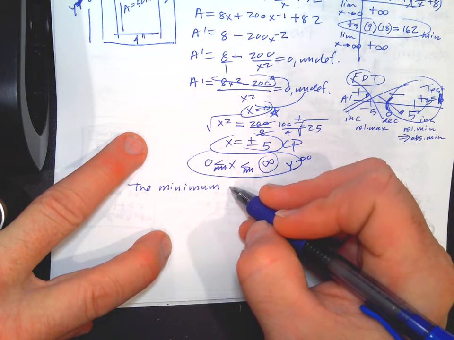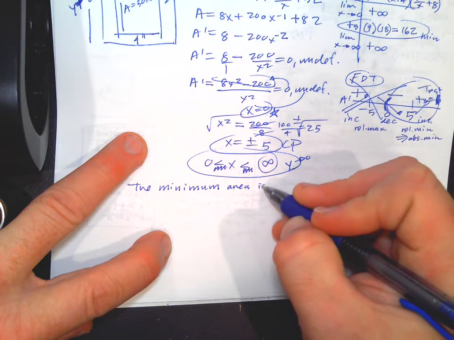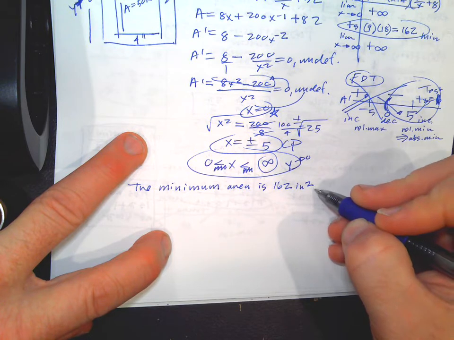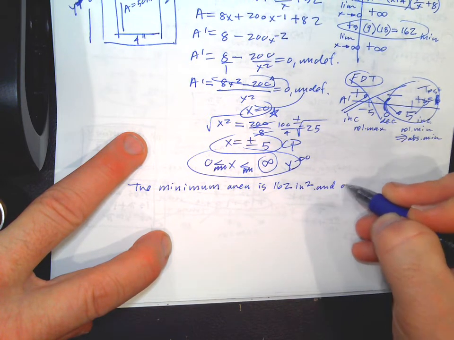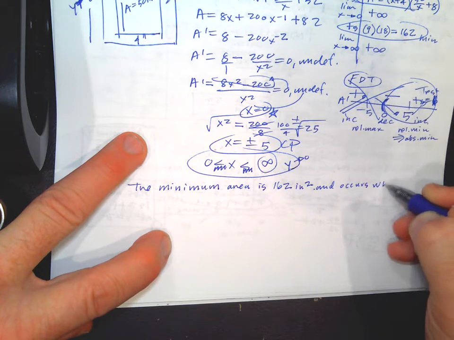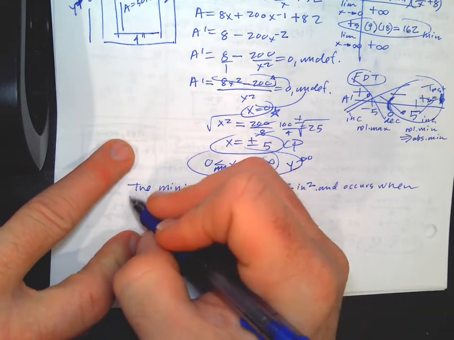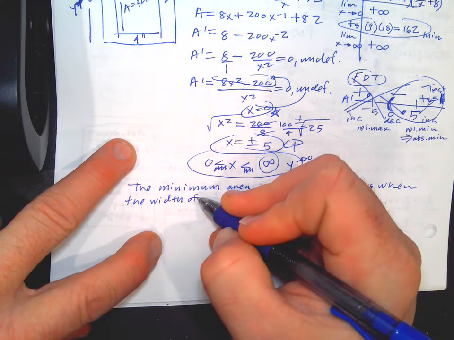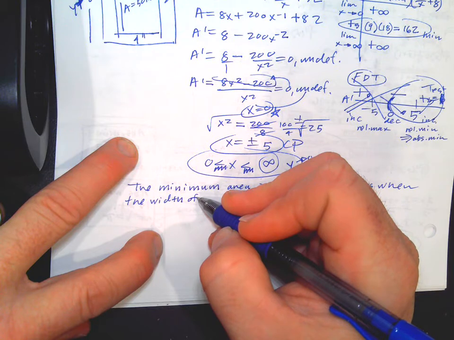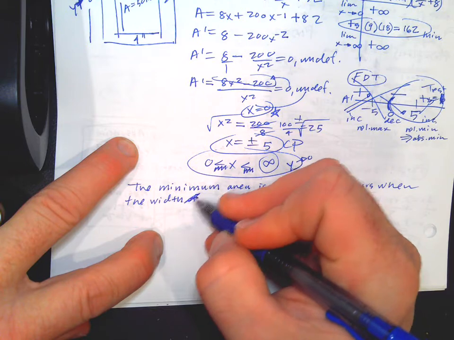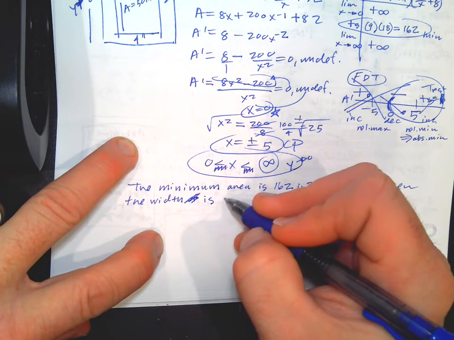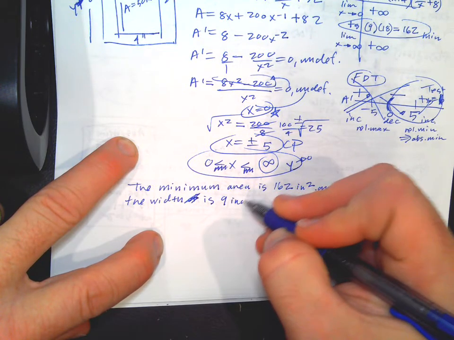The minimum area is 162 inches squared, and occurs when the width, I don't want to say x because I made x up, the width of the picture, the whole width, is 9 inches.